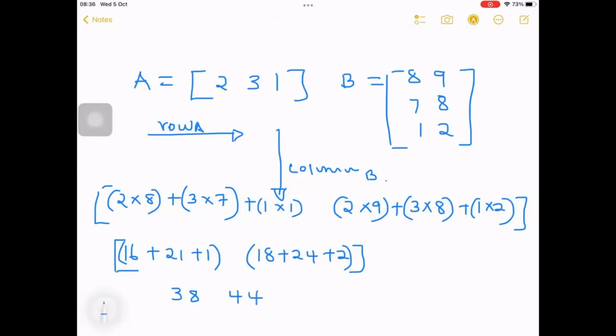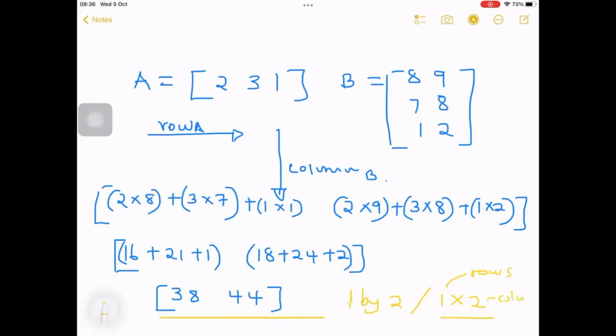And that's your answer. As I had earlier mentioned, after we do the multiplication, our answer should be of which order? 1 by 2. And is our answer 1 by 2? Yes, our answer is a 1 by 2 matrix, whereby this is the rows and these are the columns.